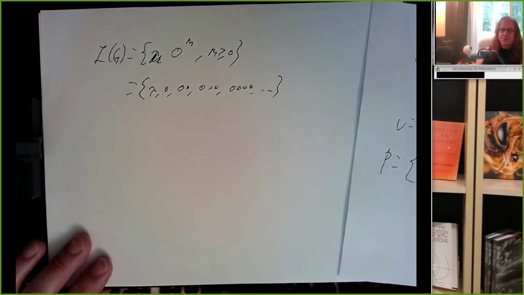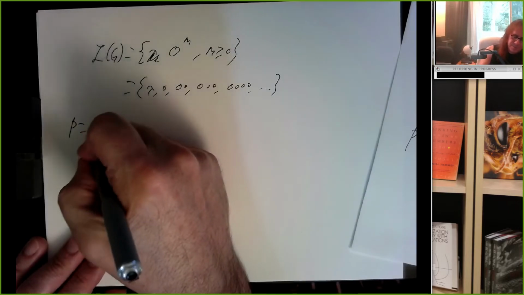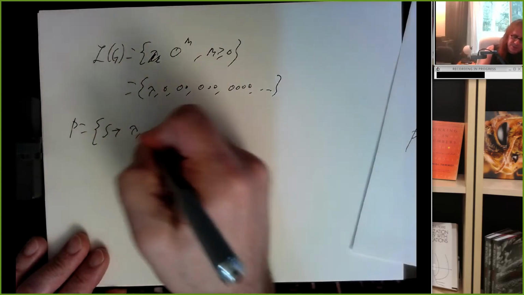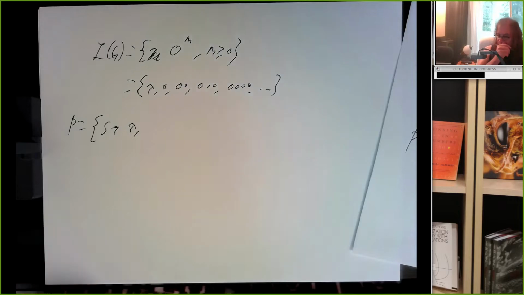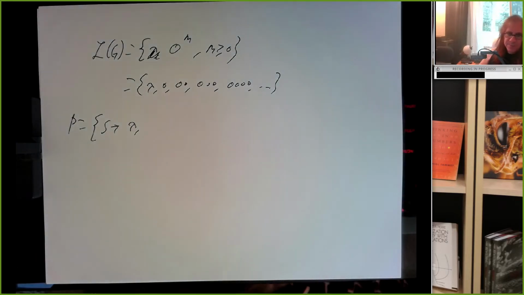So just a bunch of zeros, and the same production rule, same vocabulary, terminal, start symbol. So S could go to lambda, but what else could we do for S? Let's do this one first, and then we'll go back to the other one. So any ideas?